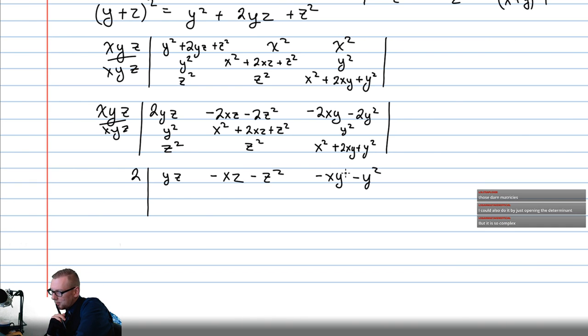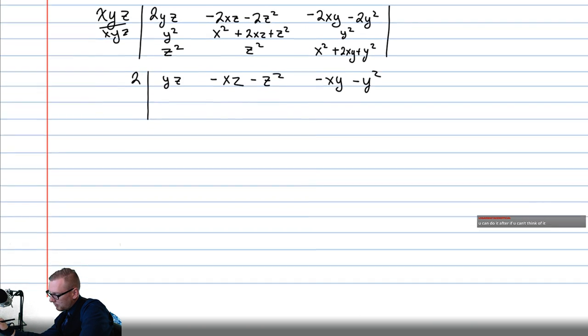There's always like two ways, and I know it's more complex to do the determinant and just factor it. Eh, screw it. Let's just take a look and see the long determinant way.